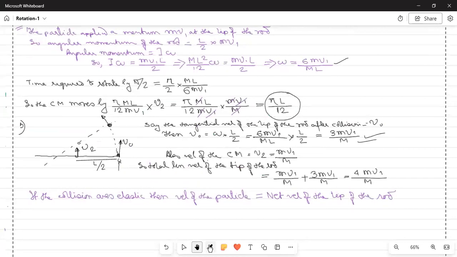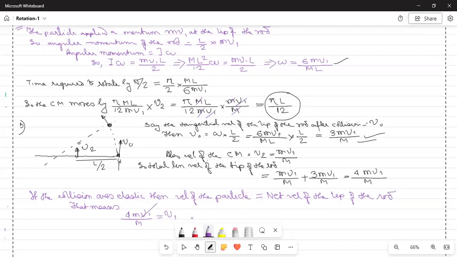That means 4 m v1 by capital M is equal to v1.